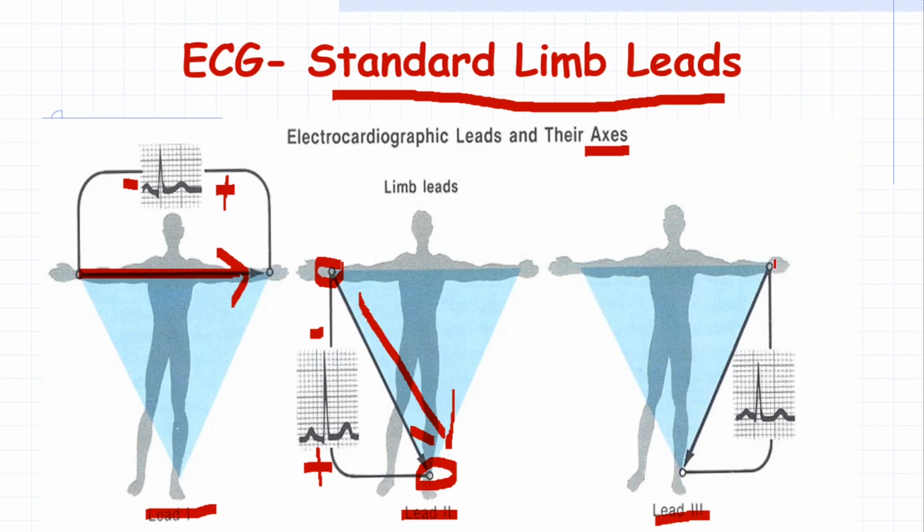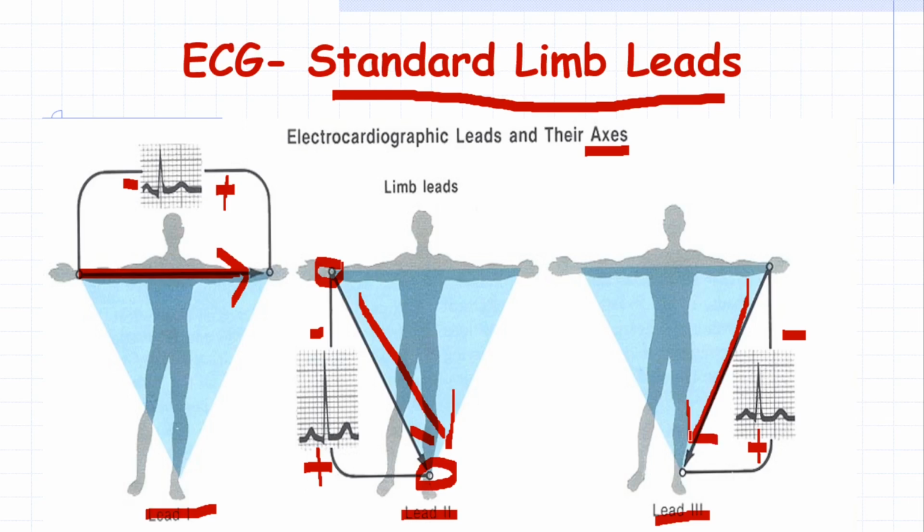The electrode from the left arm is connected to the negative terminal and the electrode from the left foot is connected to the positive terminal of the ECG machine. If you join these two points, left arm and left foot, you will get this axis that is going down at 120 degree.